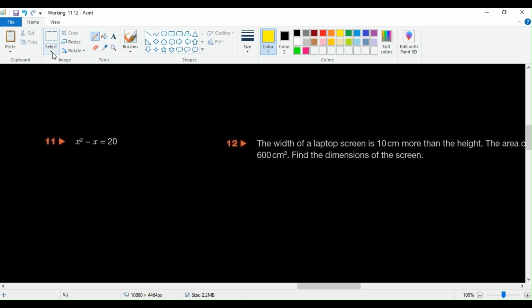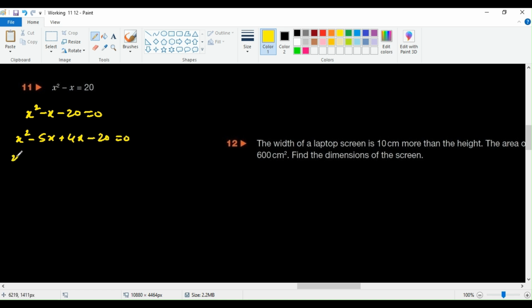In here, this is a quadratic equation. We can see x squared minus x minus 20 equals 0, and 5 times 4 is a 20. That means x squared minus 5x plus 4x is going to give us a negative 1x, minus 20 equals 0.